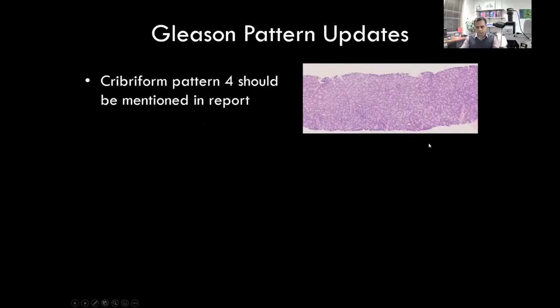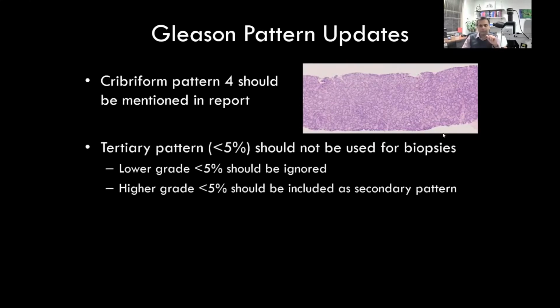So obviously this has a poorer prognosis than other patterns of Gleason 4. So again, we have to indicate this to the surgeon and oncologist. And whenever we see this, it is not enough to simply call this 3+4. We have to say that cribriform pattern 4 is present so that they know this patient should not go into active surveillance.